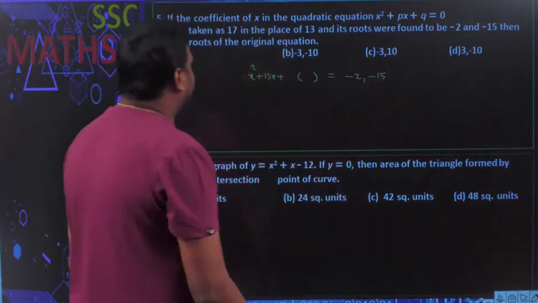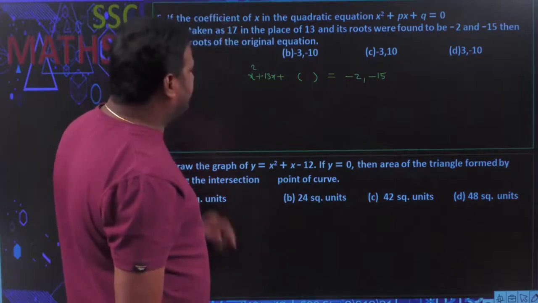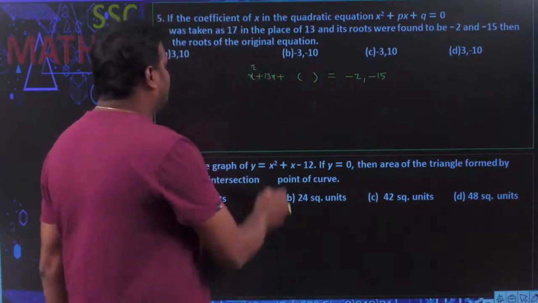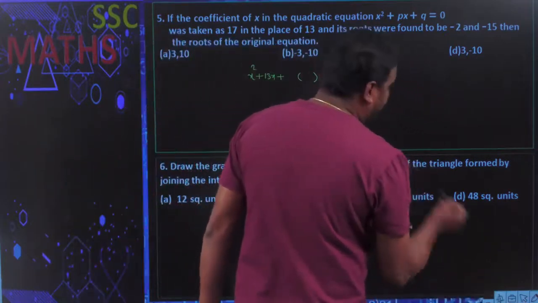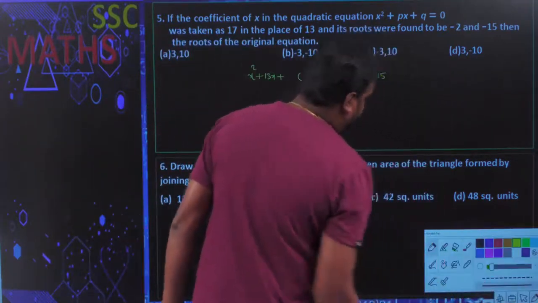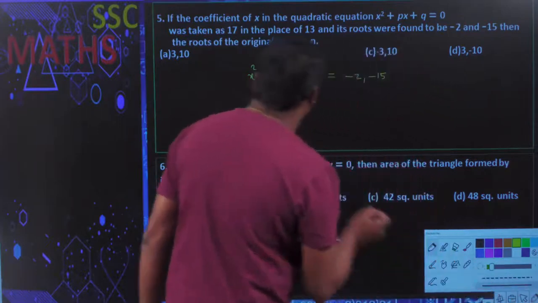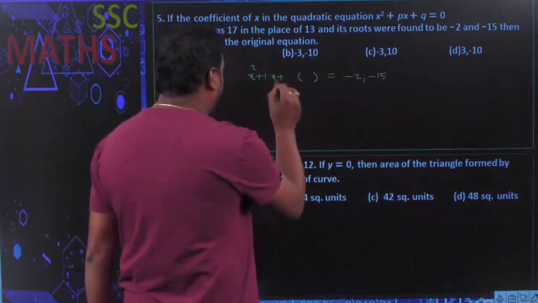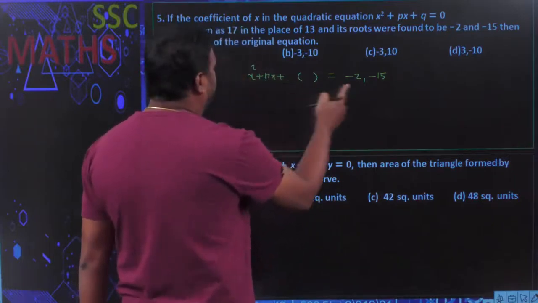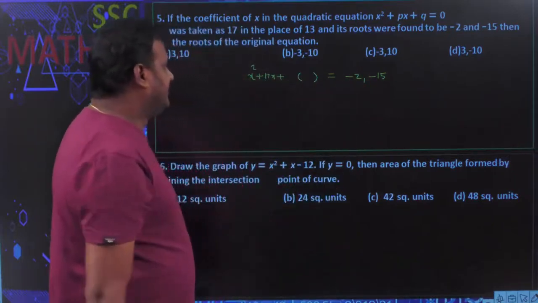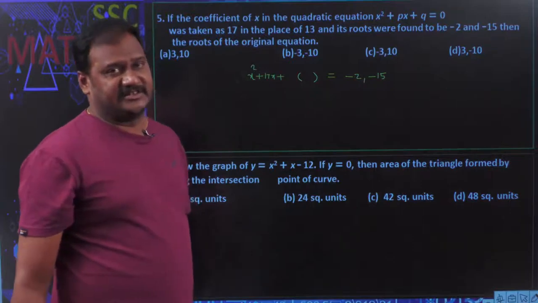So it was taken as 17 instead of 13. When it was taken as 17, the roots were found to be minus 2 comma minus 15. Then what will be the value of the constant there?